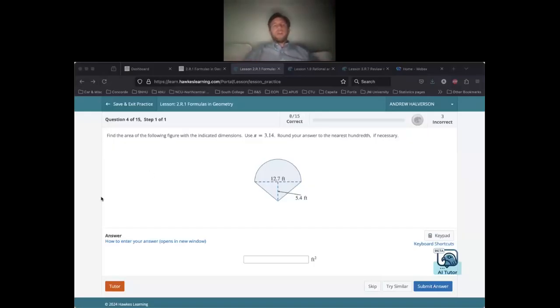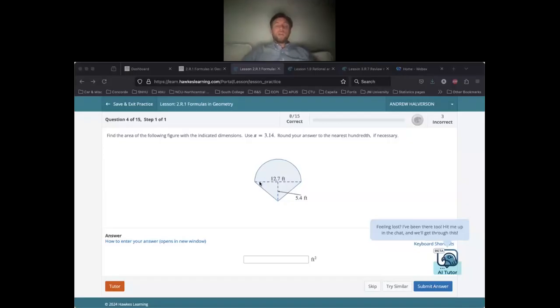Let me give you a quick tip, by the way. When you're dealing with perimeter, that's one dimension. You're moving in one space. Area is looking for stuff on the inside of a two-dimensional object. And volume is looking on the inside of a three-dimensional object. An ice cream cone is a three-dimensional object.